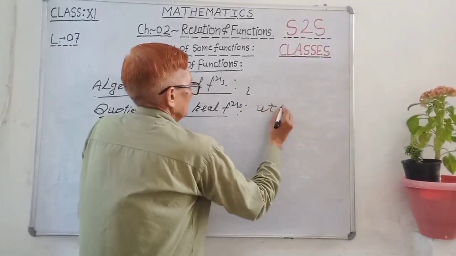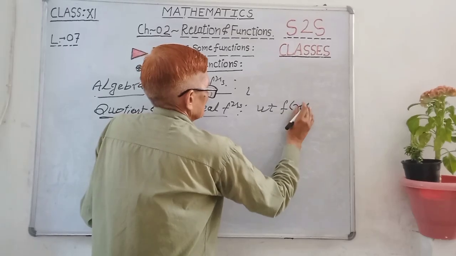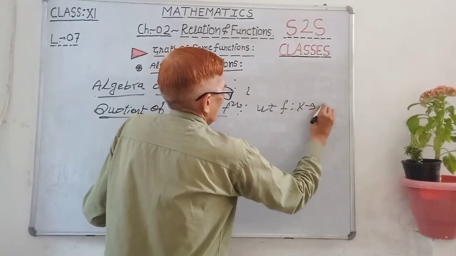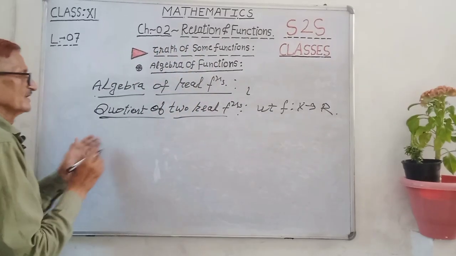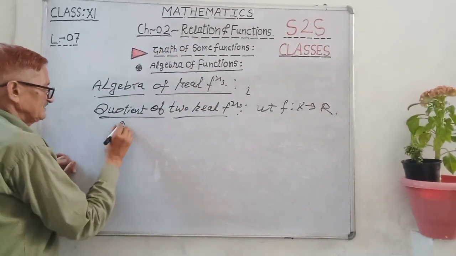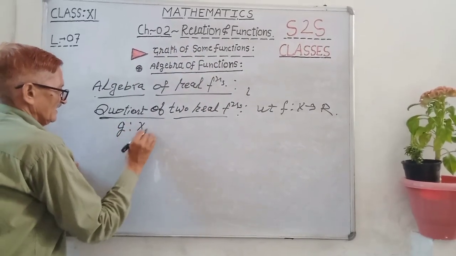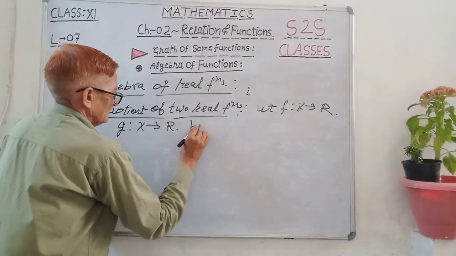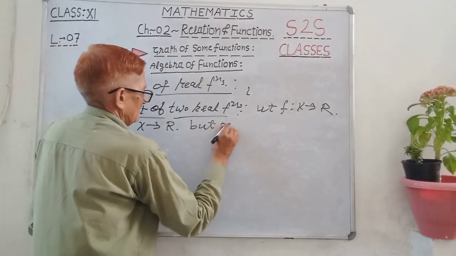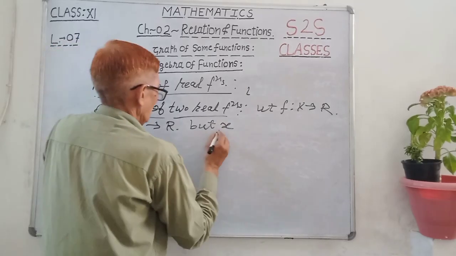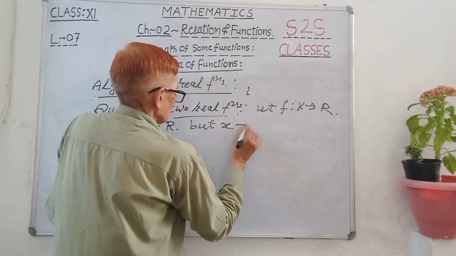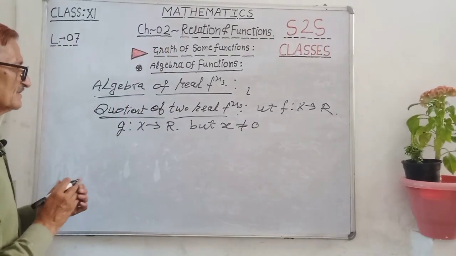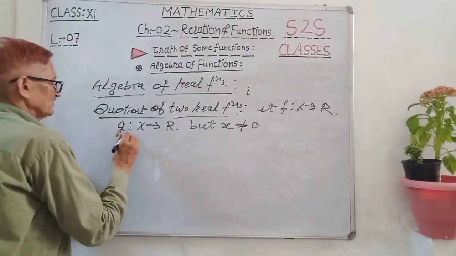So let f: X → R, okay, division, and g: X → R, but here x should not make g(x) equal to 0.